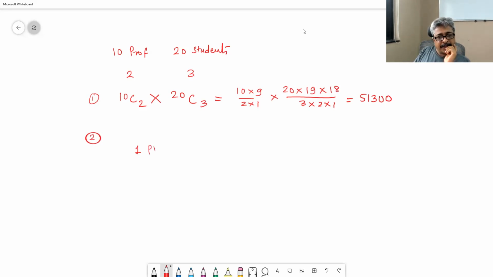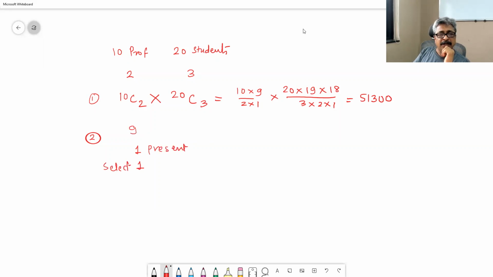Out of these 10 professors, one professor is already there, maybe the head of the department or something like that. He is the unique professor already present in the committee, so we need not think about him. We think about the remaining 9 professors and select one amongst them.